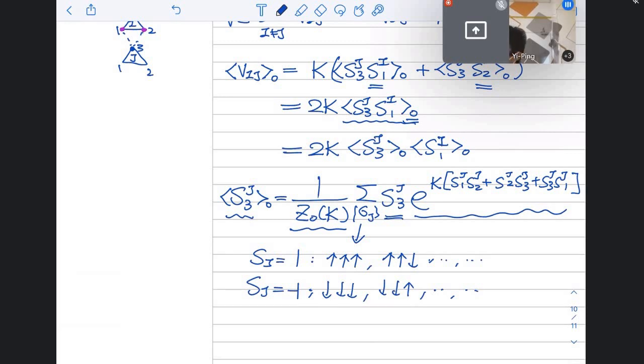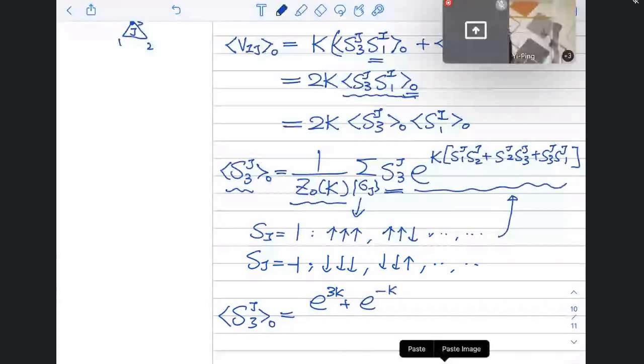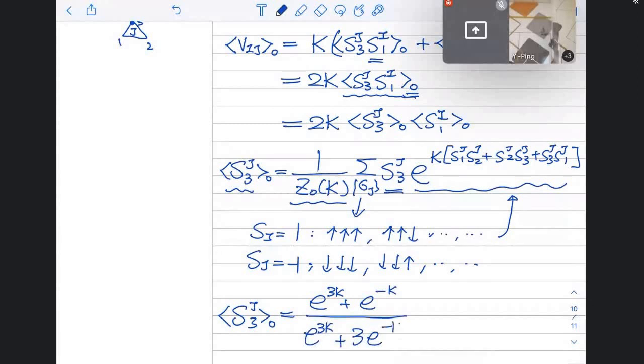So what you do is that you just plug that into this exponential. Then you'll realize that this Sj3 expectation value will be equal to this, if you consider the sector of the coarse-grained spin to be 1.